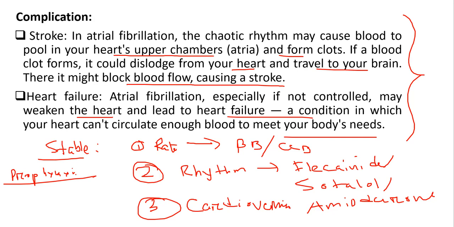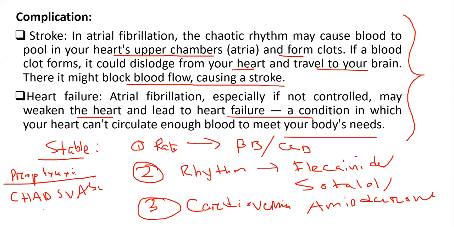And how do we do this? We use a scoring system called the CHA2DS2-VASc score. This score is going to help you find out if the patient is at high risk for a stroke or not. I'm not going to discuss the details of the CHA2DS2-VASc score; you can look it up on Google.